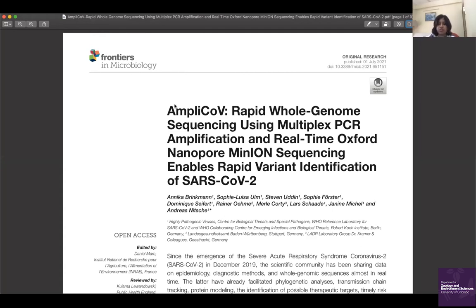From this study, if you remember, sir, they sequenced 3 samples for the UK variant, and they could identify 8 out of 9 mutations. So you can see the mutations in the sequence manually, or you can use software like Pangolin.